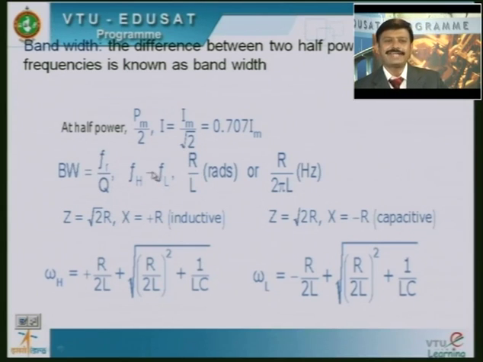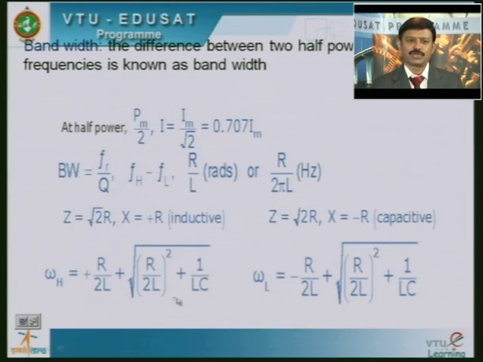Then how to find the 2 individual frequencies, the higher cutoff frequency and lower cutoff frequency? If you have the values of R and L, we can use this expression to compute the higher cutoff frequency: plus R by 2L plus square root of R by 2L whole square plus 1 by LC.